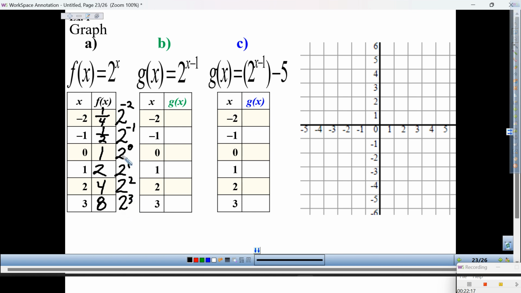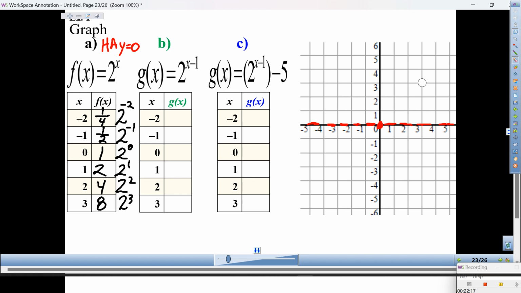All right, so to graph that, before we do, we always need to check for our HA. Tell your neighbor what the HA is for this one. Does it have anything at the end being added or subtracted? No, so this is 0. There it is.